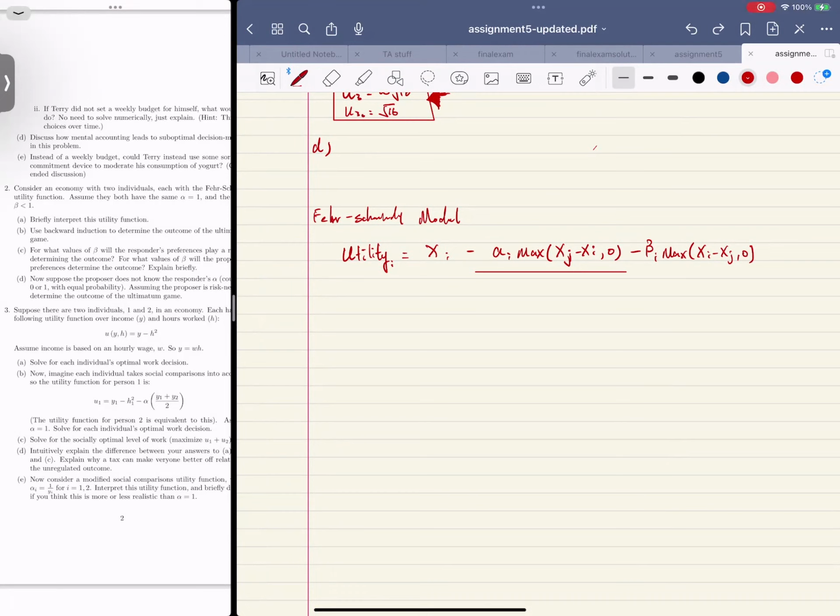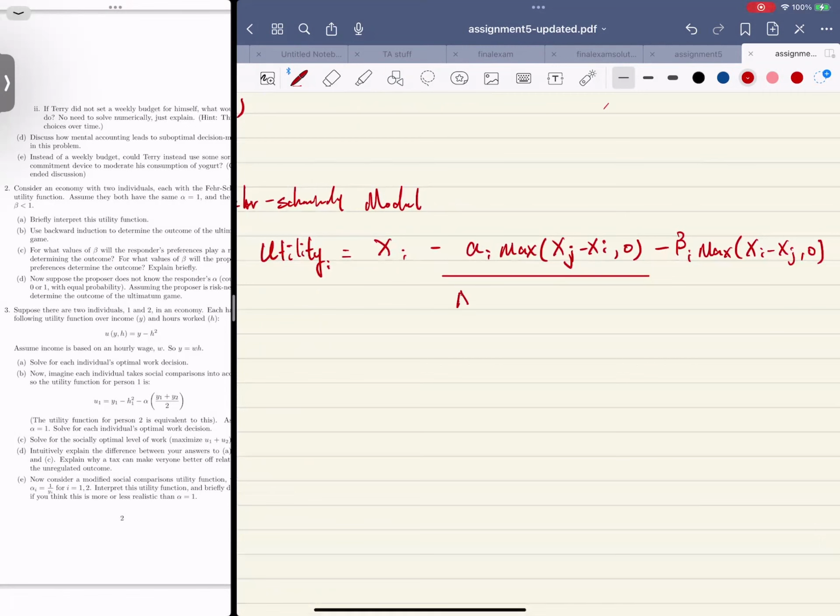That's how much the individual hates income inequality where they are below the other individual. Okay. So it's aversion to others' fortune. So if you make more money than me, I'm going to be in pain.